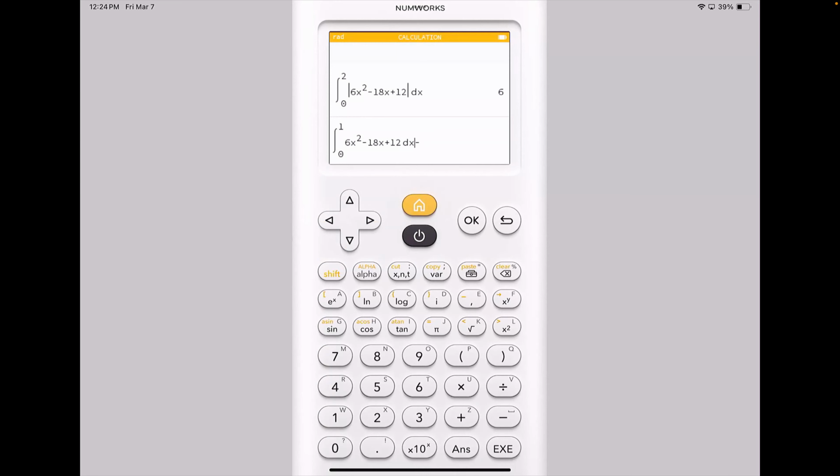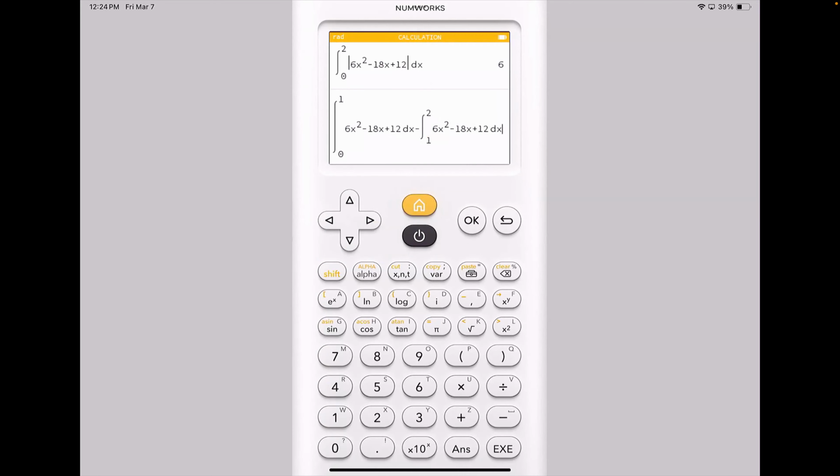So watch this. Or actually, let me go back. So let me go to integral from 1 to 2. The same thing. 6t squared minus 18t plus 12. Right, how did you copy and paste?